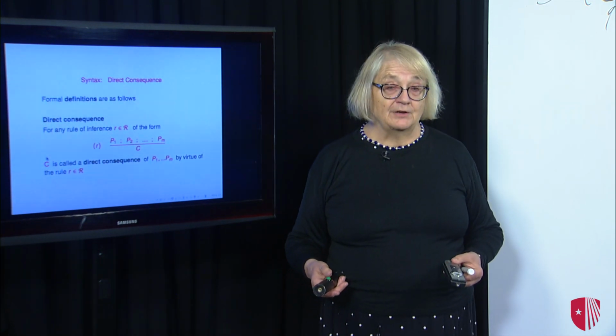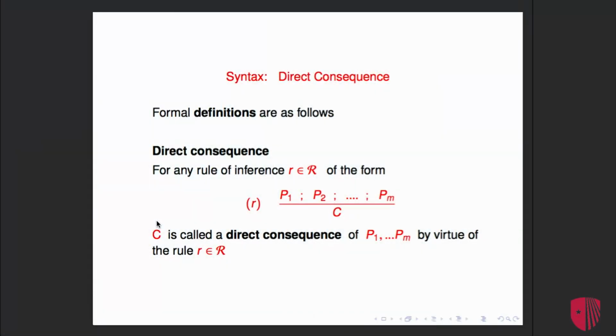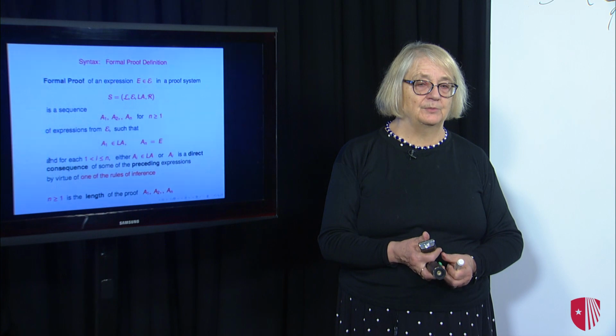For example, direct consequence: if you have a rule, the conclusion is called the direct consequence of its premises by virtue of a rule of inference. And now we have a definition of formal proof. That is the first basic definition which we are going to work with and explain what it means.